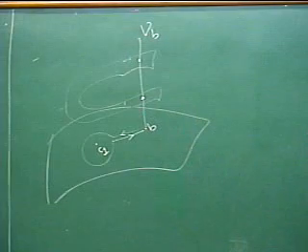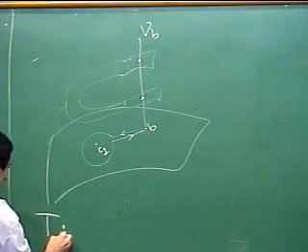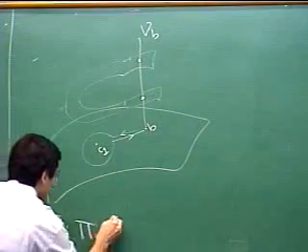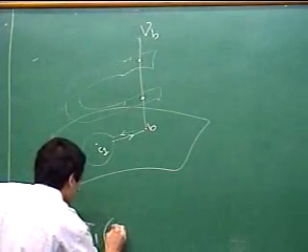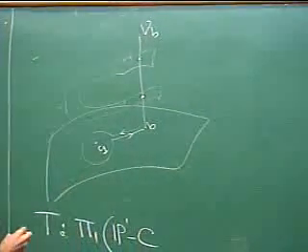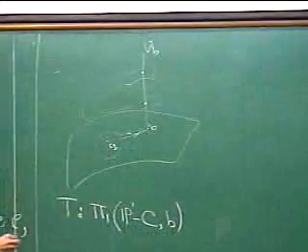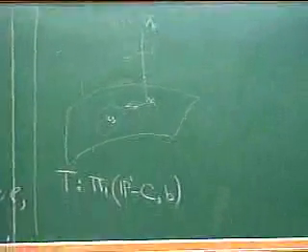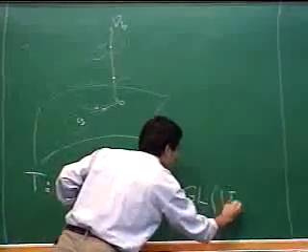So what we obtain is this map T from the homotopy group of P1 minus C to the linear group of VB.